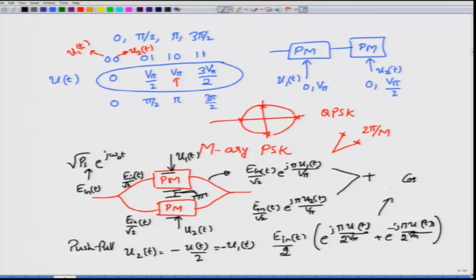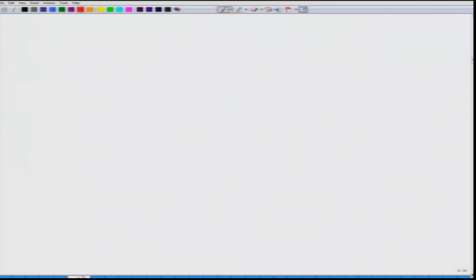So, there will be a 2 factor up there. So, that 2 and this 2 will cancel each other. So, the output which I will write here will be E in of t, which is not changed, but its amplitude is cos pi u of t by 2 v pi. Okay.